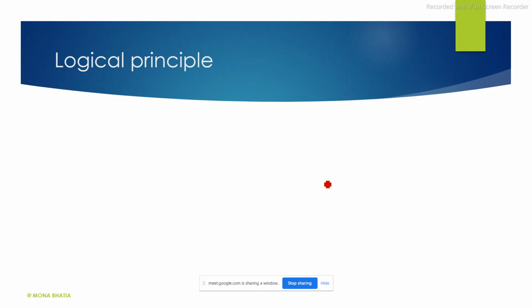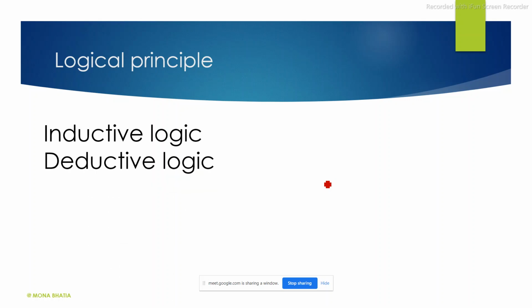So he should ensure that his reasoning is good, it's free from any error, and the reasoning that he gives can be of two types. One is inductive logic and the second one is deductive logic. Now, what is an inductive? It means an inductive inquiry.